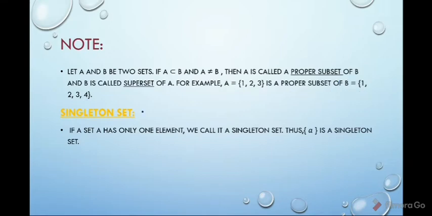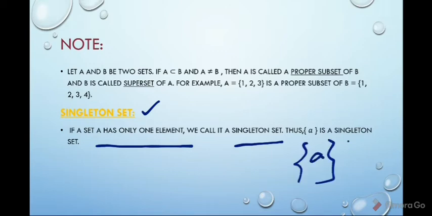Now what is a singleton set? If a set contains only one element, then that set will be a singleton set, such as {a}. This set contains only one element and that element is small a. So this is a singleton set.